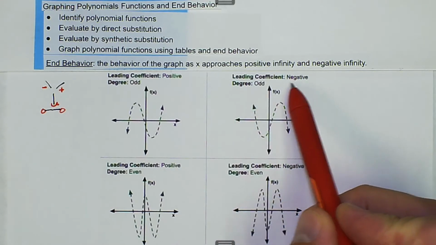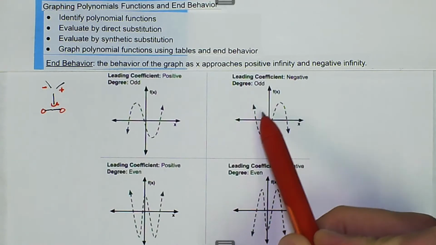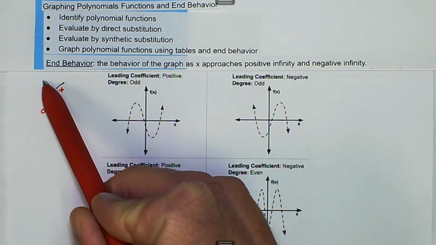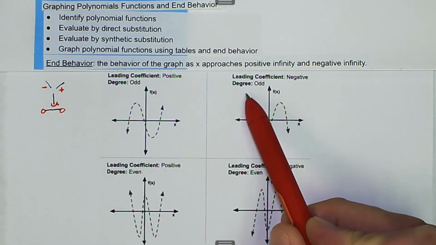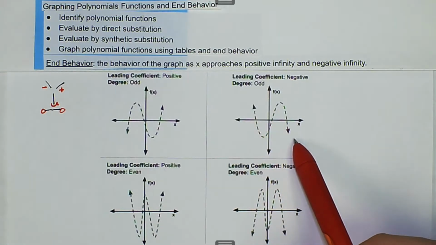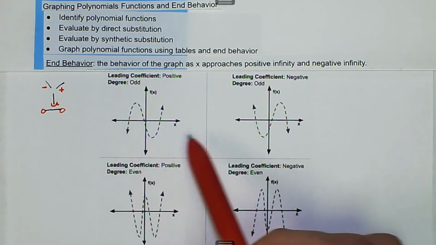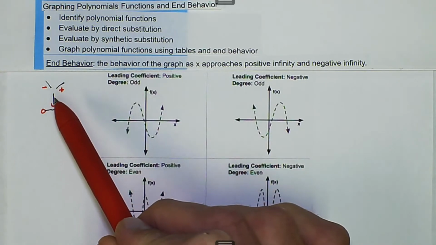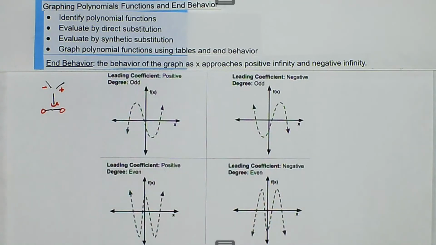If it's negative for odd degree functions, well, look at our negative slope here. We're starting high and going down. Here we're starting high and we're working our way down. So that's one way that we can remember which way our graph is supposed to go if we draw our slope monster.